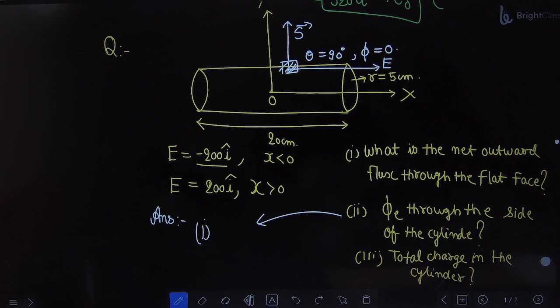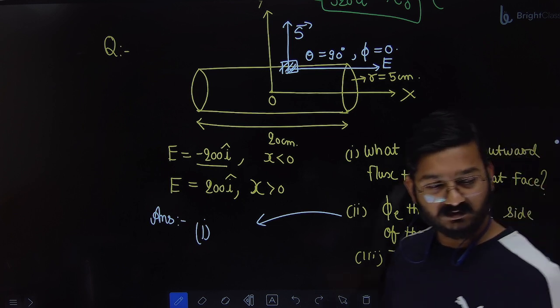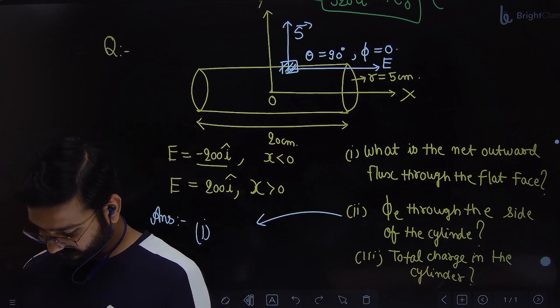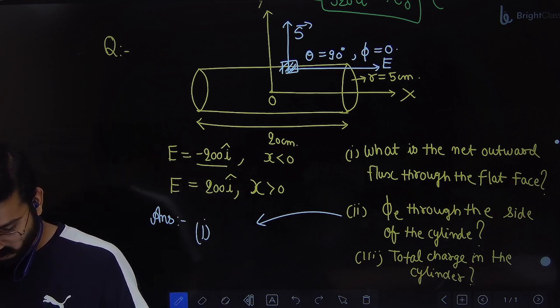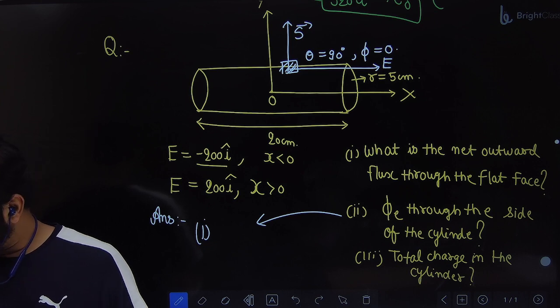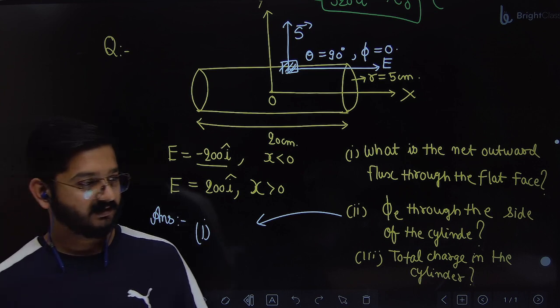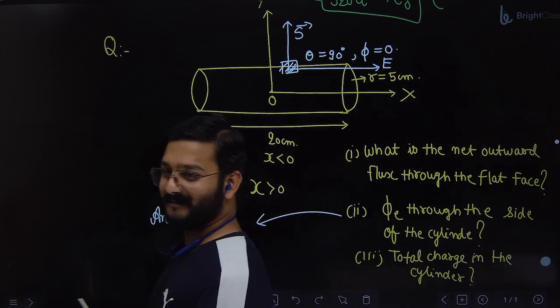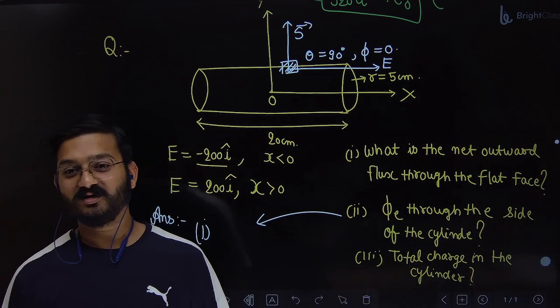So you are telling the net will be zero. Okay. Any other answer for the first part? All of you are getting net zero. Anyone in the class who is not getting zero?